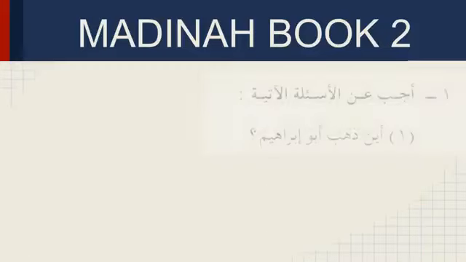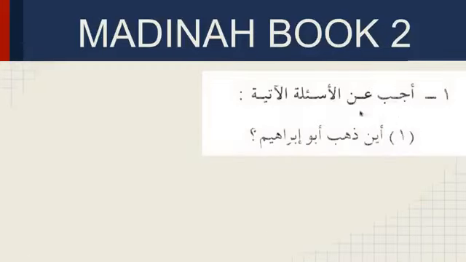We're just going to answer some questions from the dars. So say, Aina zahaba Abu Ibrahim? Where did... See, now we're looking for the fa'il. This is very beautiful here to understand the fa'il. So the verb here is zahaba and the fa'il is Abu, since we're looking for a sign of marfu'. So waw is the sign of marfu'.